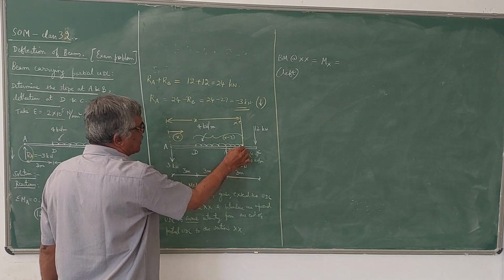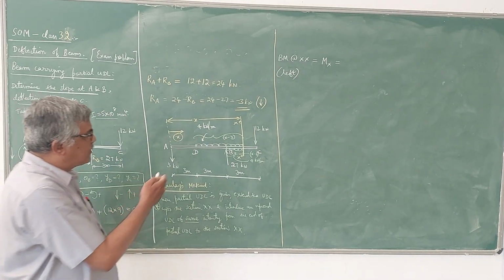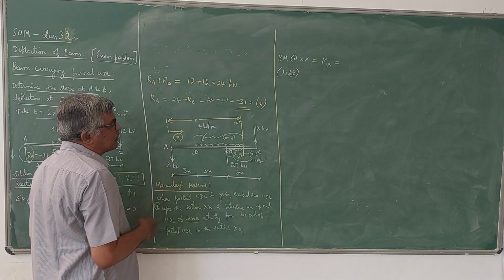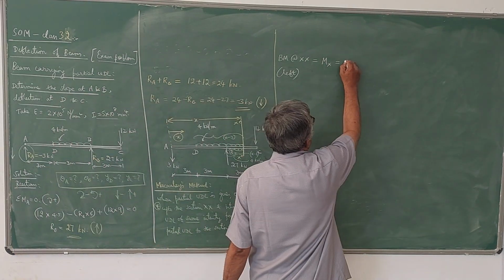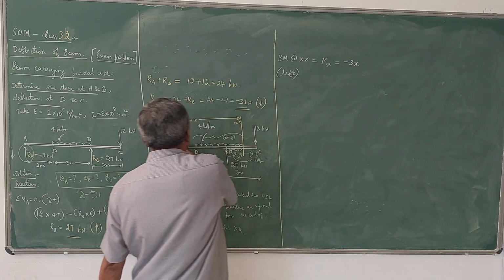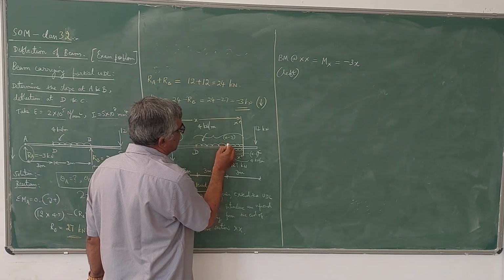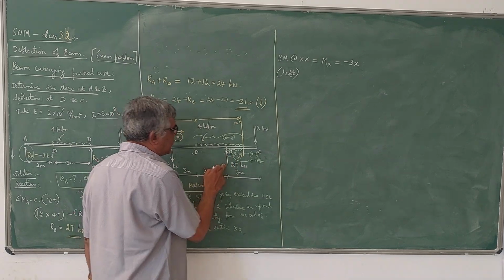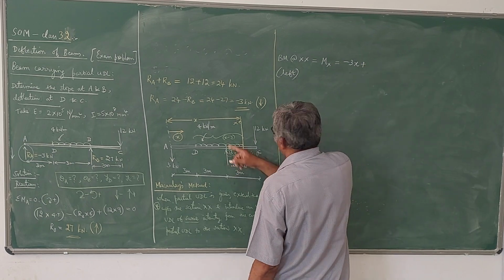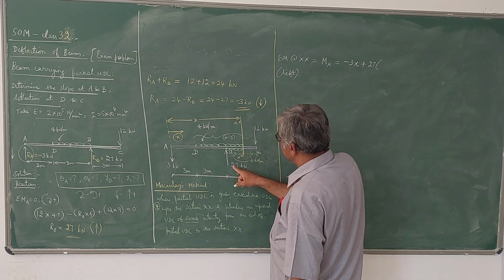One by one I will write. I am here now, see to the left side. You have to consider all the forces, that is why you have to see to the left side, and x is measured from the left hand. First I will take this minus 3 kN. It is downward, therefore the bending moment is negative: minus 3 into distance x. Then, due to this reaction, I have plus, because it is upwards, 27 into the distance from this reaction to the x-axis, which is x minus 6.